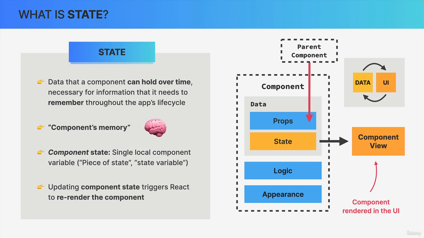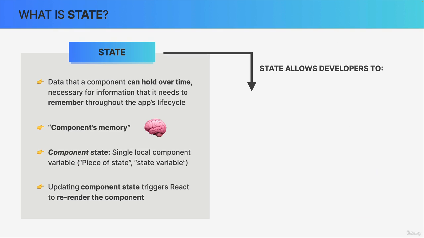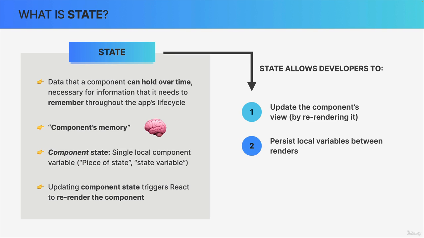So, summarizing, state allows developers to do two important things. First, state allows us to update the component's view by re-rendering the component. So it gives us a way to change part of the UI. Second, state allows developers to persist local variables between multiple renders and re-renders.